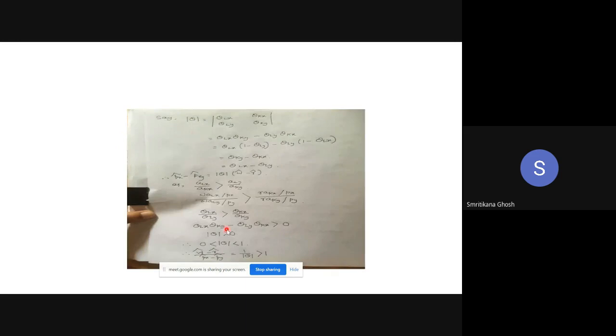Now d log w by r by d log px by py. Look here, w hat minus r hat. W hat means dw by w, and r hat means dr by r.